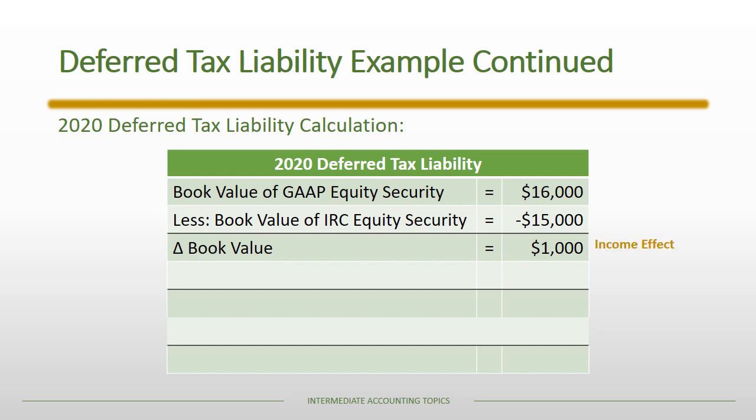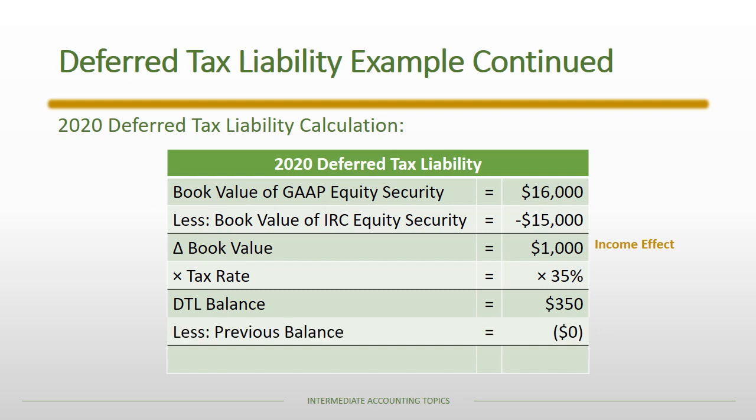This is the income effect of this temporary difference. We apply the tax rate, and then we have our balance in the deferred tax liability. We compare that to the previous balance, and we can see that the change in the deferred tax liability is the entry amount, and in this case it's an increase to our deferred tax liability of $350, and that would be a credit entry. That is the income tax effect as well.